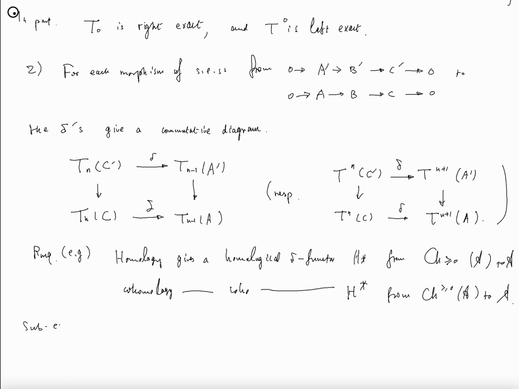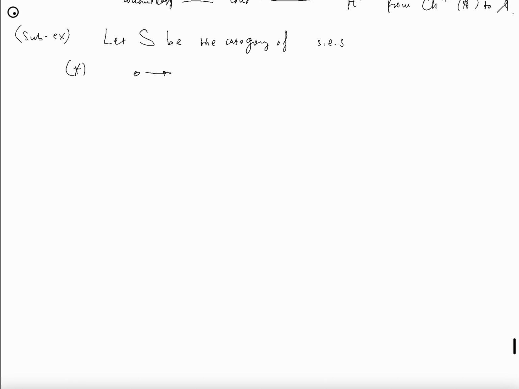Sub-exercise. Let S be the category of short exact sequences 0 to A, B, C to 0.